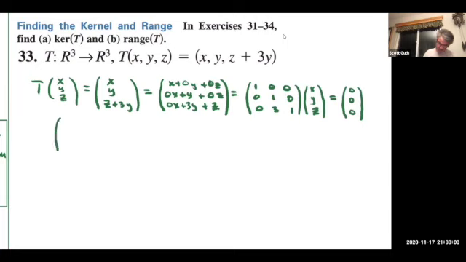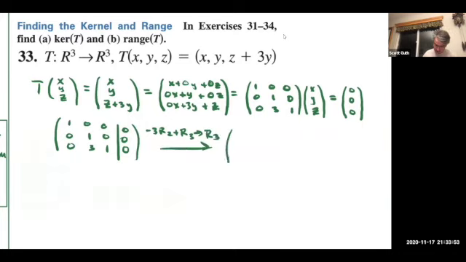So if you put this in as an augmented matrix, like that, then you can do negative 3 row 2 plus row 3 to wrap this up.